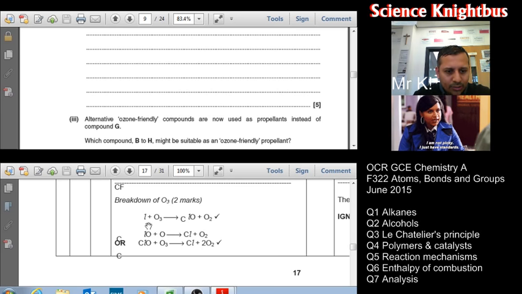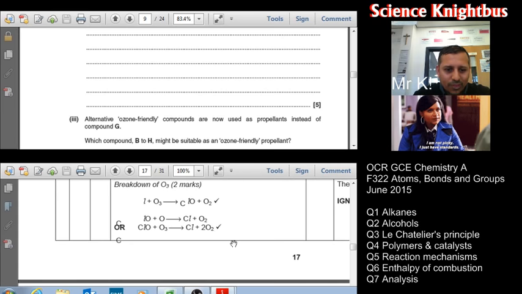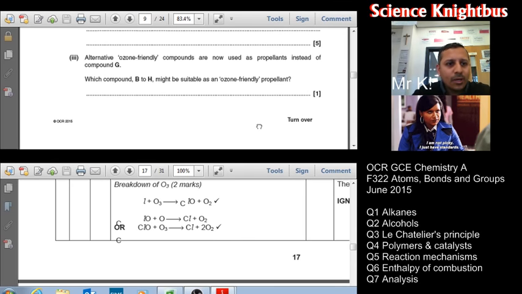That would be a radical in itself. Or you've got ClO plus O radical reacts to form Cl plus O2, or you've got ClO plus O3 reacts to form Cl radical plus O2. You notice that those propagation reactions are taking place, always producing a radical that can then just further react with ozone. Okay, all right. Okay, let's move on.